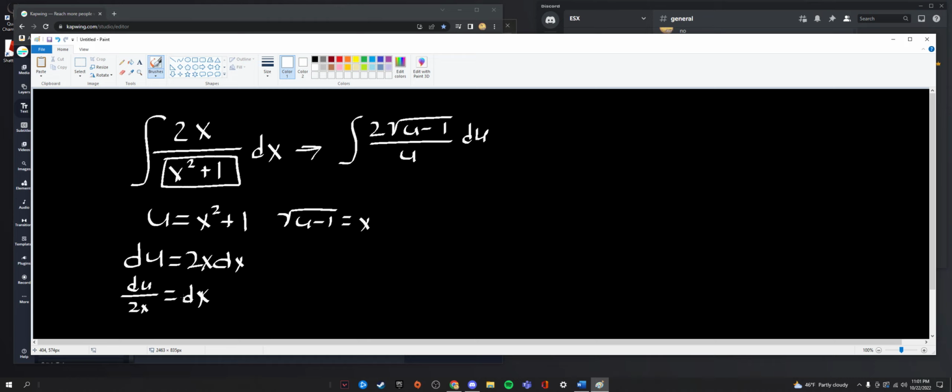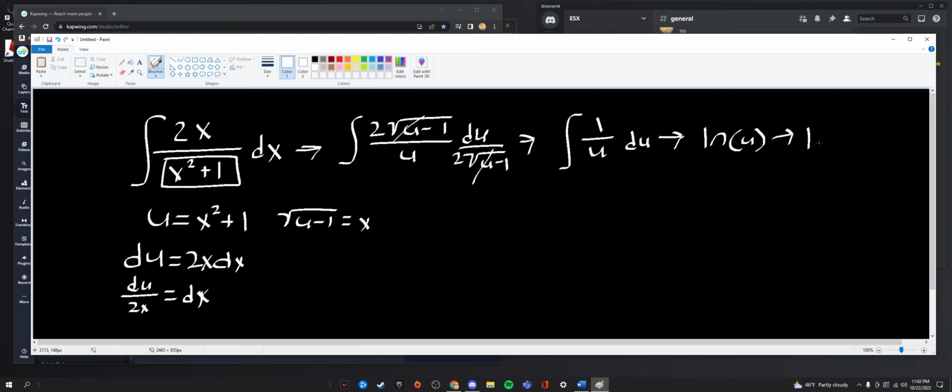It's just ln of u, and remember we defined u to be x squared plus 1. So this just becomes ln of x squared plus 1. Don't forget the plus c for your integral, since this was indefinite, and that's your answer. That's how to integrate this.